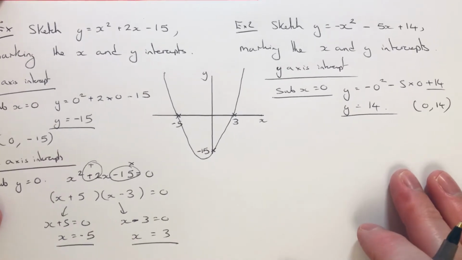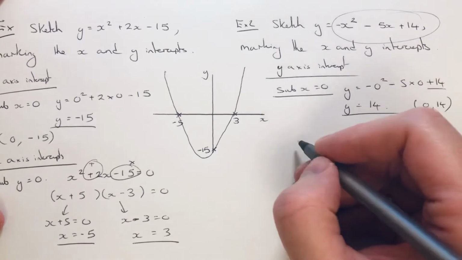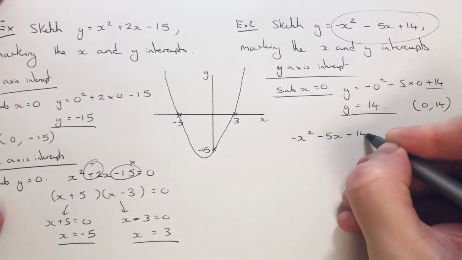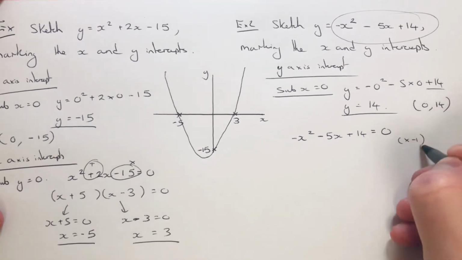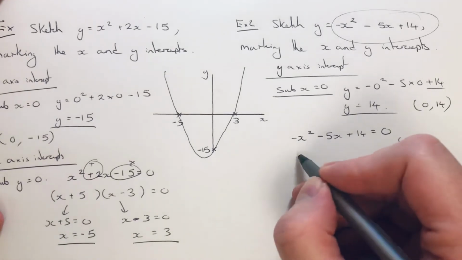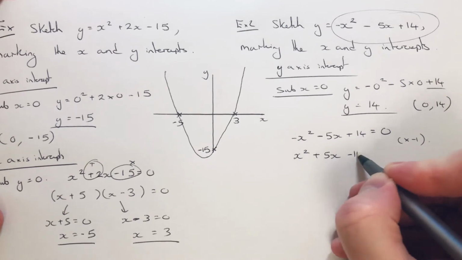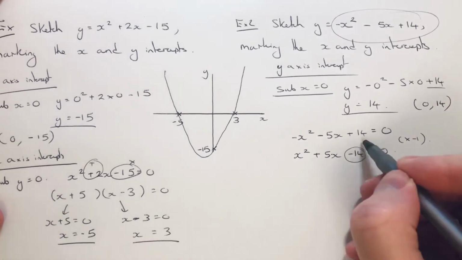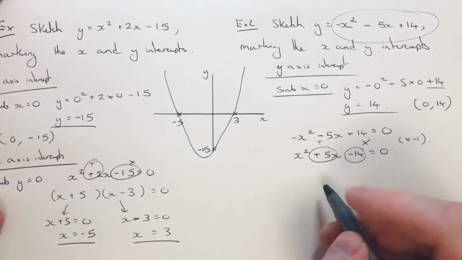So to find out where it crosses the x-axis we need to make this equal to 0. So let's times it all by minus 1 before we factorise it. So we get a positive x squared term. So it must multiply to give us minus 14, add to give us plus 5.